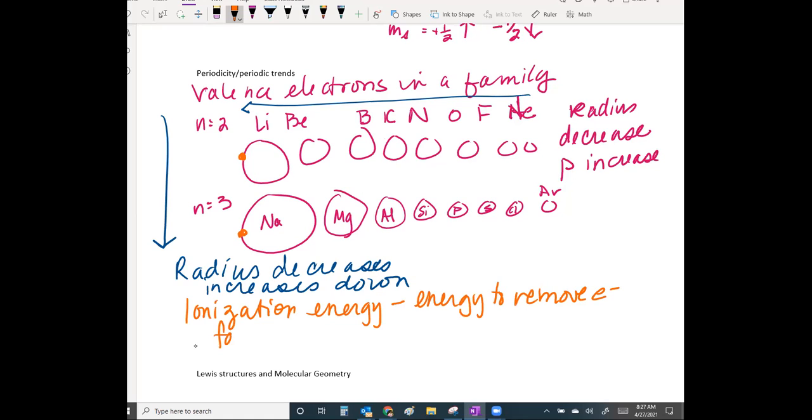So the farther you are from the nucleus, it's easier, so it's less energy. So as you go down the periodic table, the ionization energy decreases.